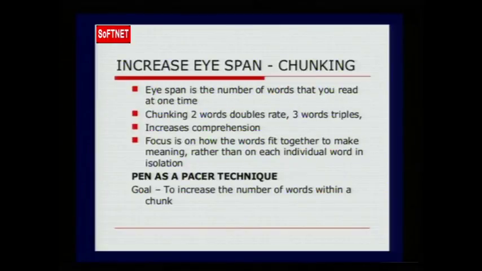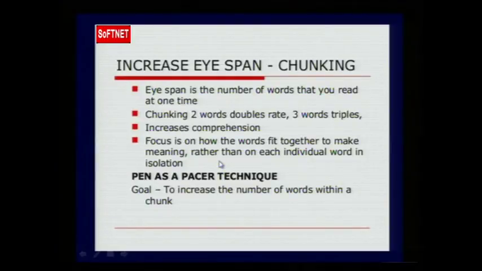Now, how do you increase it? You increase your eye span, which is a technique known as chunking. Eye span is the number of words that you read at one time, and chunking, 2 words doubles the rate, 3 words triples, and it increases comprehension. It focuses on how the words fit together to make meaning rather than on each individual word in isolation.